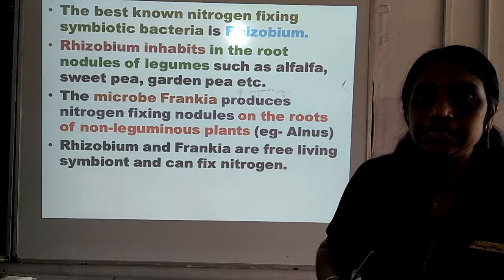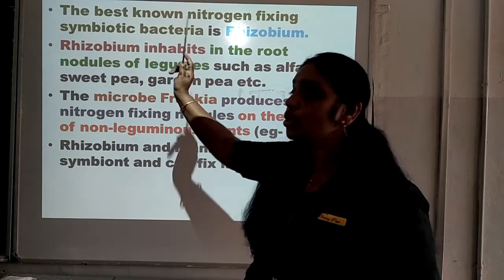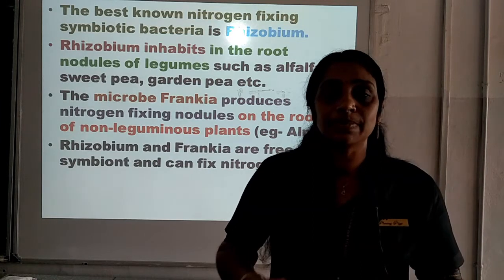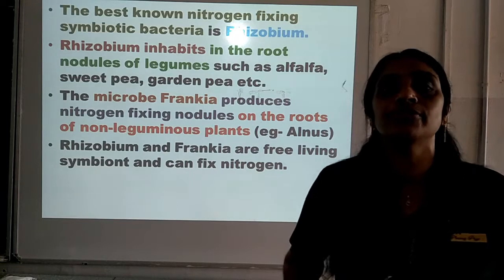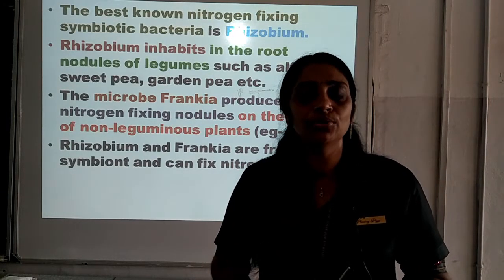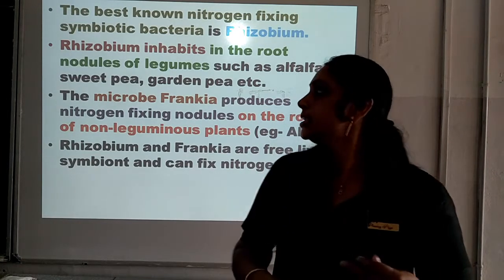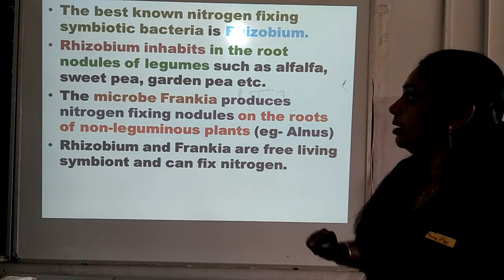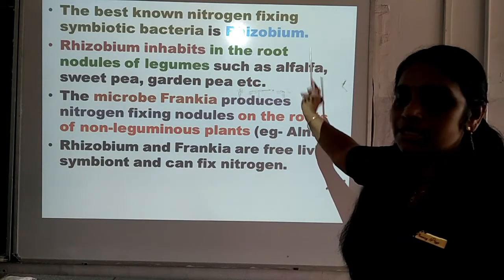In the pulses we can see rhizobium, and it is seen in the nodules of these plants. In the root nodules of these plants the bacteria is living there and helping to fix nitrogen into the soil, so that these plants will be able to do the nitrogen fixation process very easily. This example is important. Alfalfa and rhizobium is helping for fixing nitrogen in this plant.